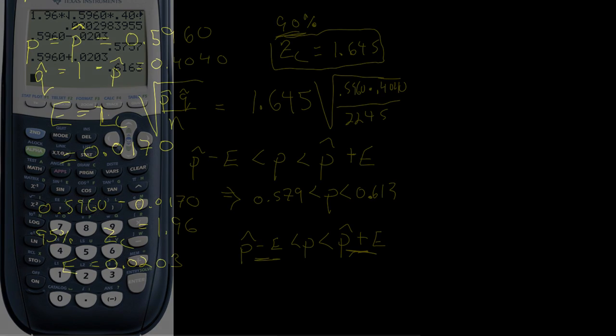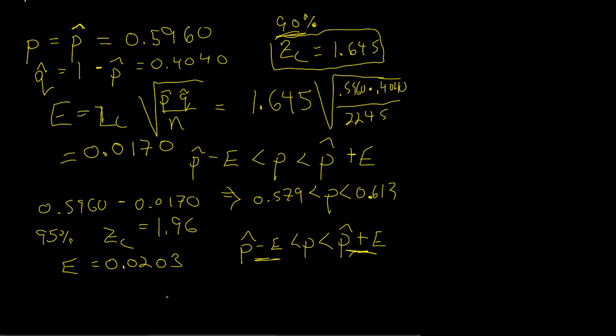That's my lower end. I come back up, and I'm going to change this to a plus sign, and this is my upper end. And so I have 0.5757 and 0.6163.